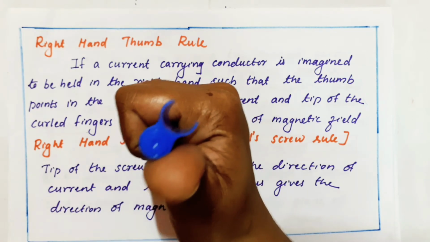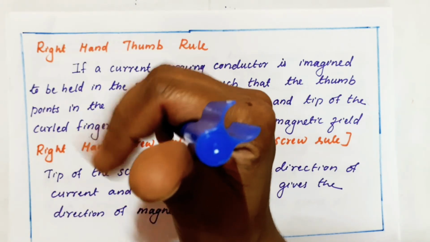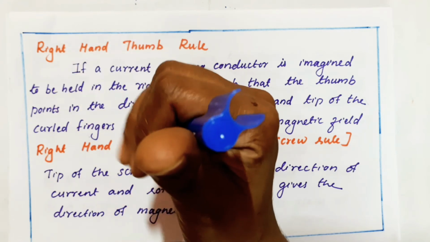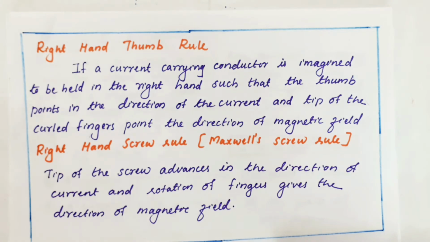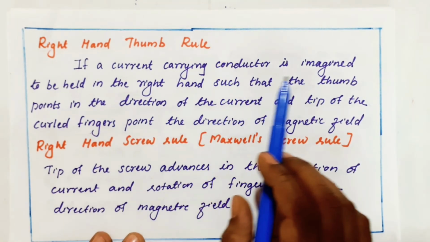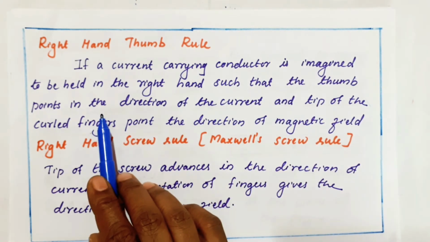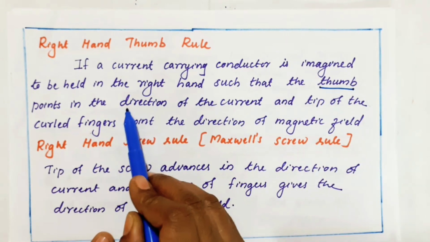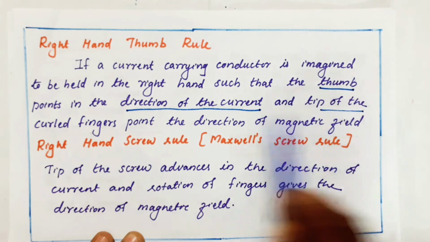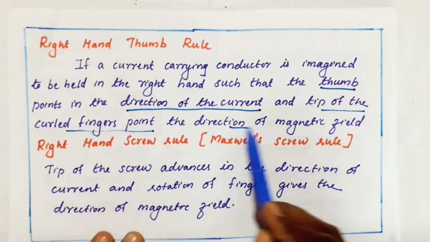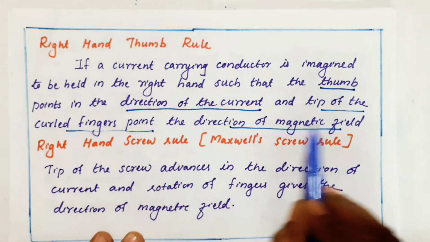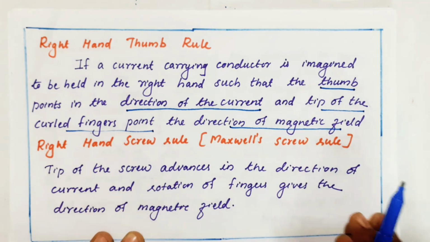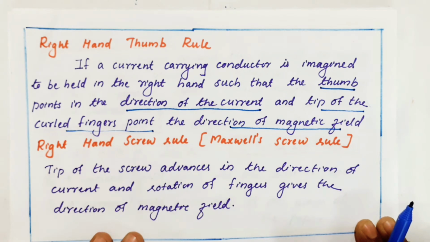And the curled fingers give the direction of magnetic field. So according to the right hand thumb rule, the thumb points in the direction of current and the tip of the curled fingers gives the direction of magnetic field.